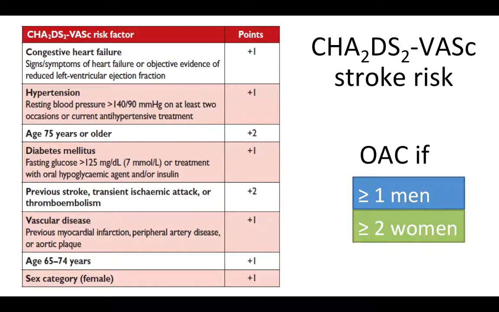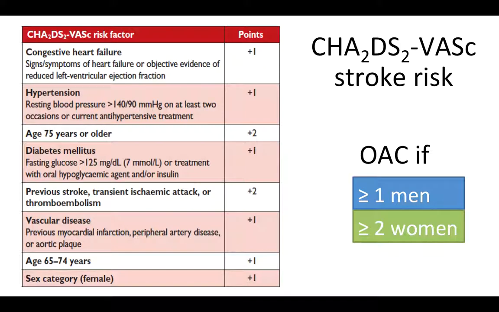If you add them all up and you've got a score of 1 or more in a man, then oral anticoagulation is recommended. If you have 2 or more for a woman, then oral anticoagulation is indicated. So in terms of what are these factors, so having congestive heart failure, hypertension.